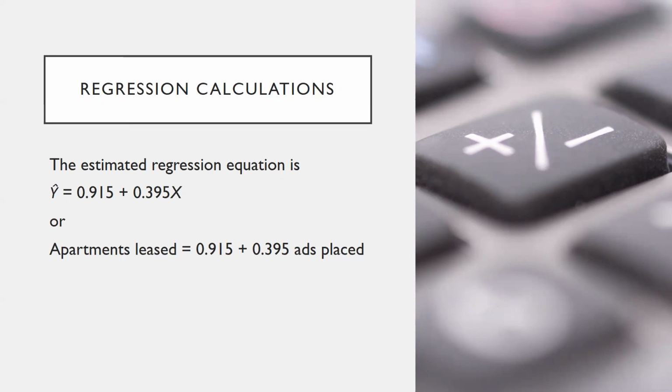Keep in mind, as you probably already read, we can make some predictions using this equation that are beyond the scope of the actual data. We just do that by plugging in numbers for the ads placed, right? So any number that we can come up with for ads placed in the month before, we can generate an estimated number of apartments leased based on this equation.